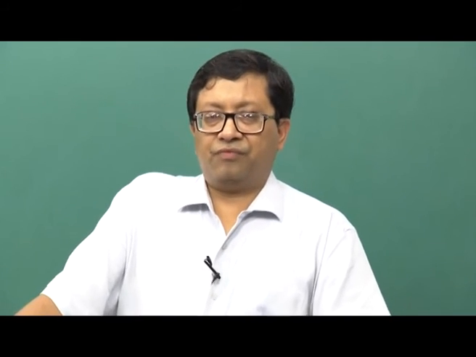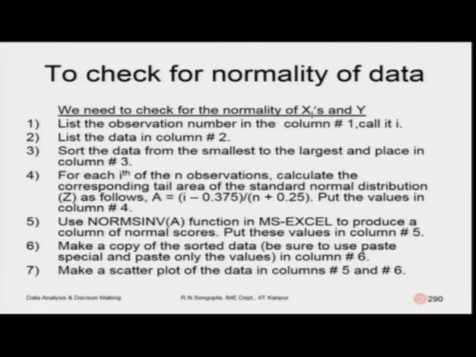Now, we need to check for normality of data. This is very important, and we will consider the concept of the QQ plots. QQ plots will be considered in the next class, but initially let me start the discussion. We need to check the normality of the curves. In an Excel sheet, you list the observation numbers in column 1, call it I. So I can be 1, 2, 3, 4 till whatever values you have, and list the data in column 2.